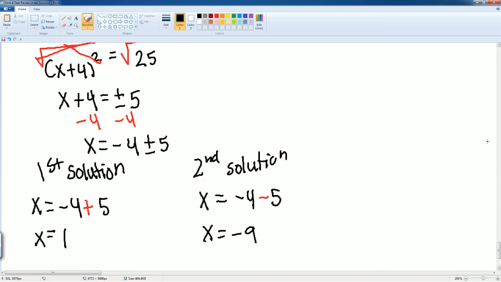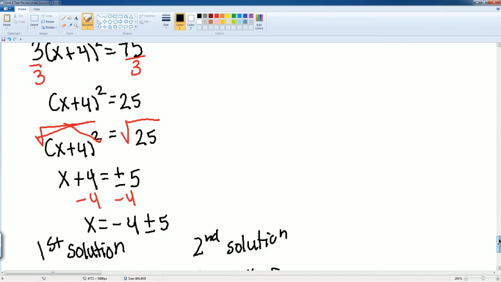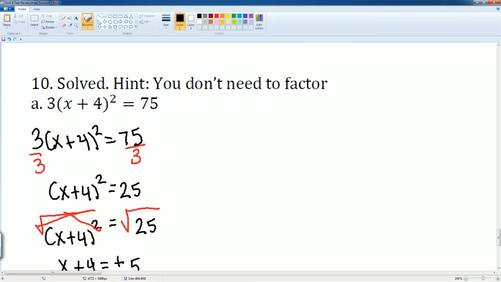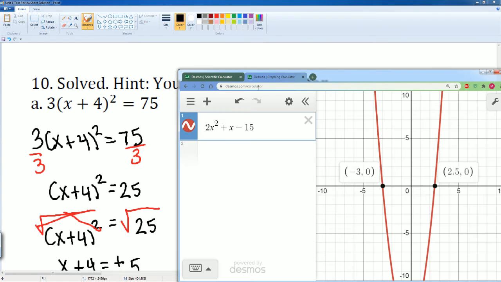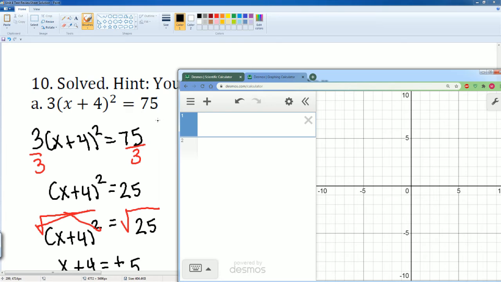Now there's actually a shortcut. We can graph to find the solutions. All you have to do is graph it, but you have to make it into standard form. So it's y equals 3(x + 4)² minus 75.